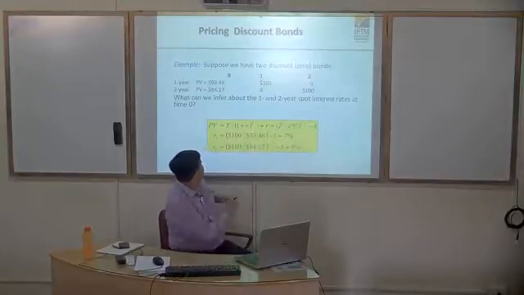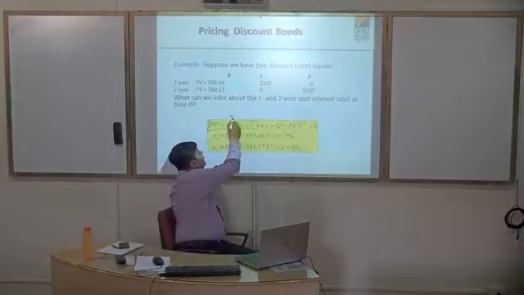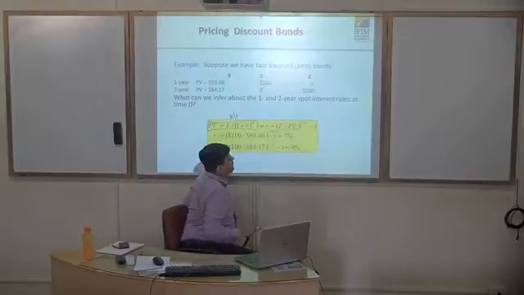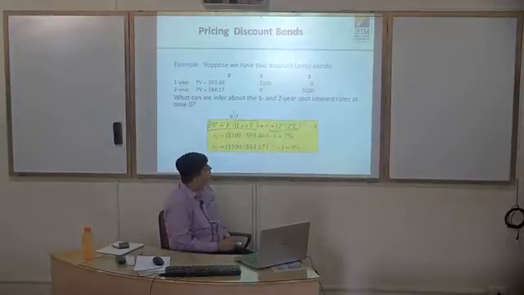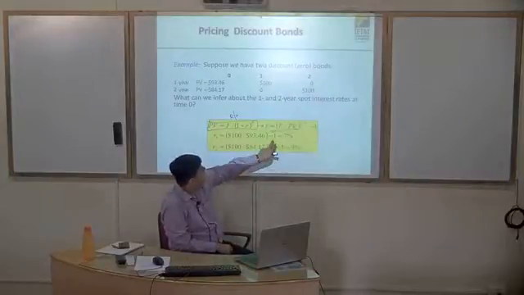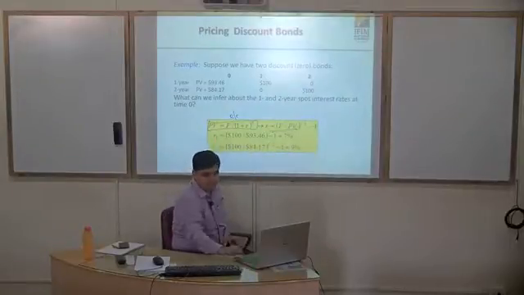If I try to find R, this is the formula we get: F divided by PV to the power of 1 by T, minus 1. Okay, so that's the formula. If you apply the formula, you get 7% and 9%, R1 and R2, and try to figure out which is better.